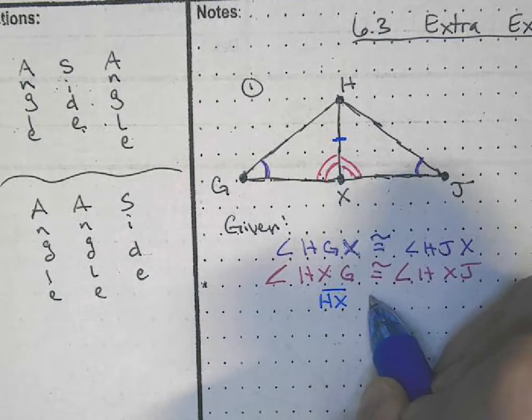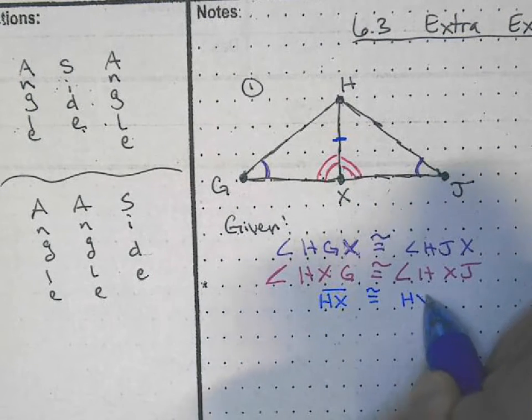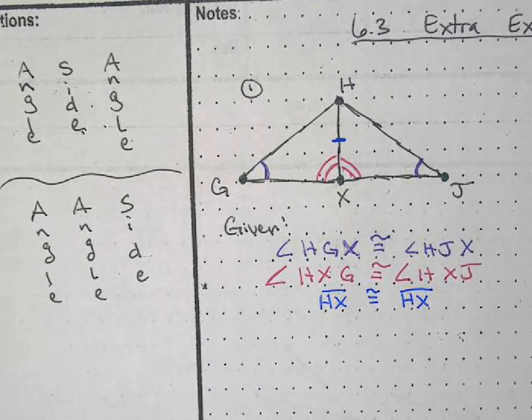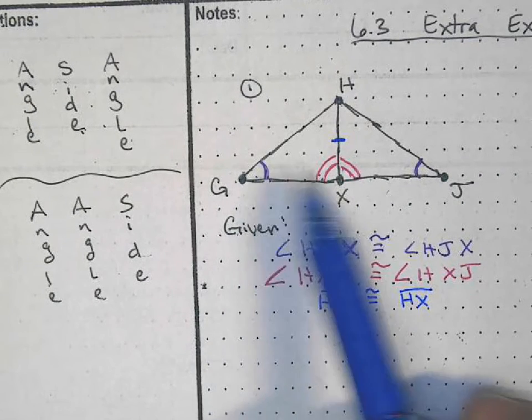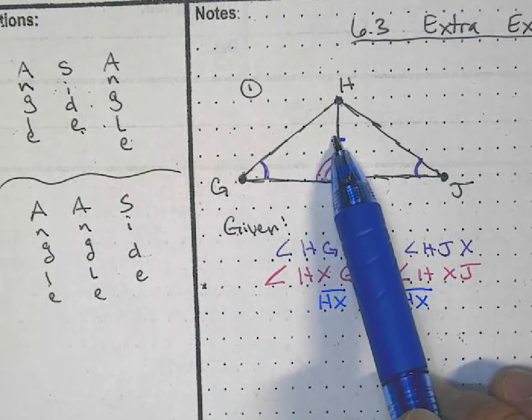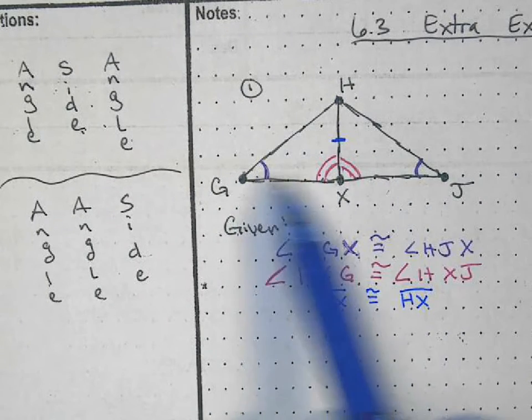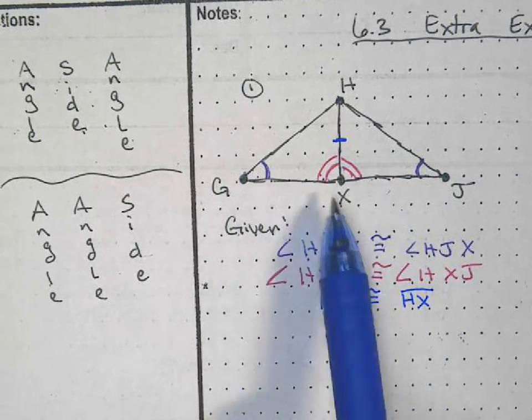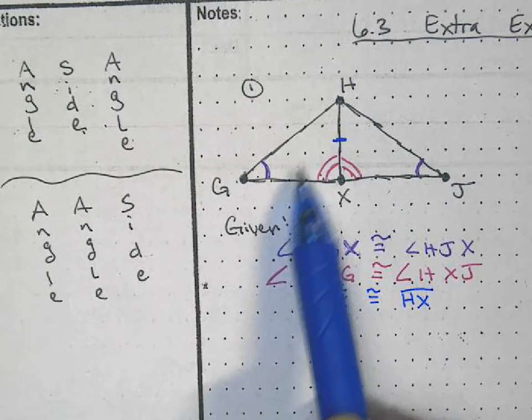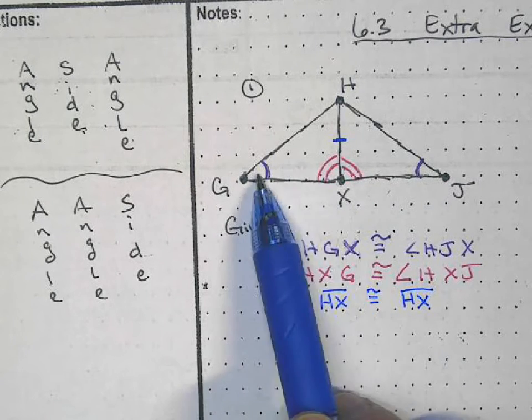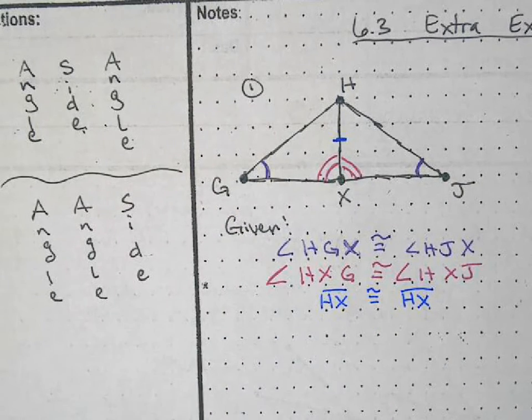So we can say HX is congruent to HX. Now we have our three pieces, and what we're looking at is angle, angle, side. So if I go around a circle, I could say angle, angle, side, because I have the two angles. And more importantly, where is that side located? It's not in between the two angles, so this is angle, angle, side.